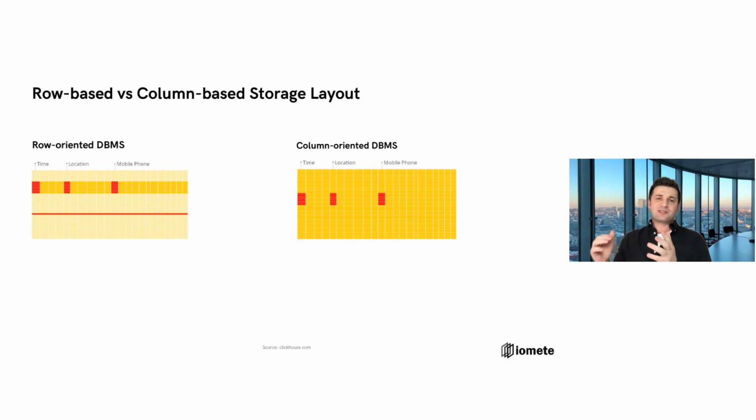We need new file formats, column-based. But what are row-based and column-based file formats? Traditional databases, MySQL, Postgres, all the operational databases, store data in row-oriented format. Row-oriented format is good for operational databases, but it's bad for analytical databases.